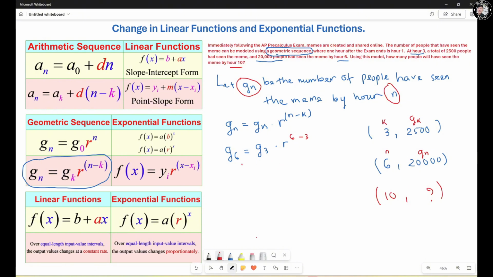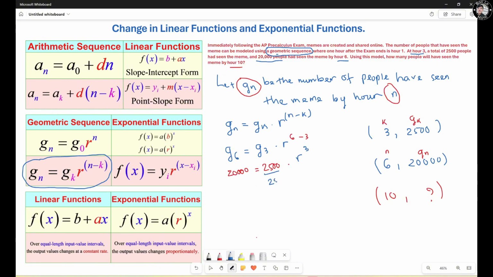So g sub 6 is going to be 20,000, so we have 20,000 here, equal to g sub 3, which is 2,500, times the common ratio to the power 6 minus 3, which is 3.